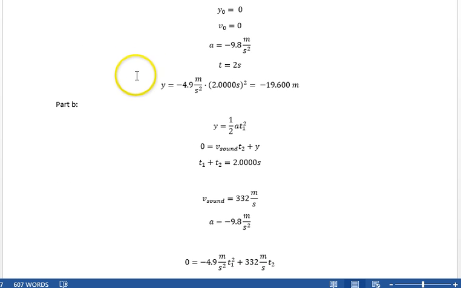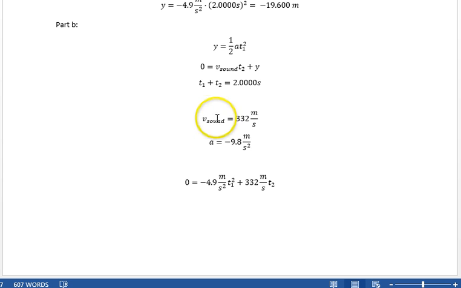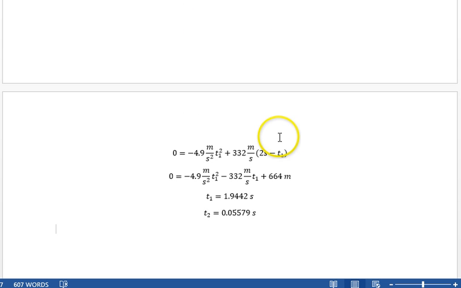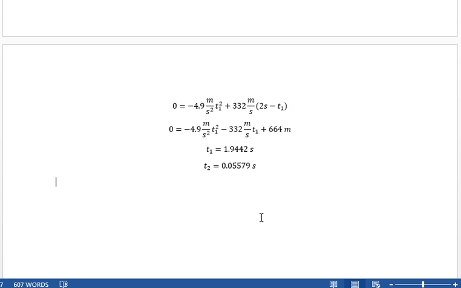Now we've got to calculate the distance again. I'm going to go with the linear equation: v sound T2 plus y equals 0 to get what y is.